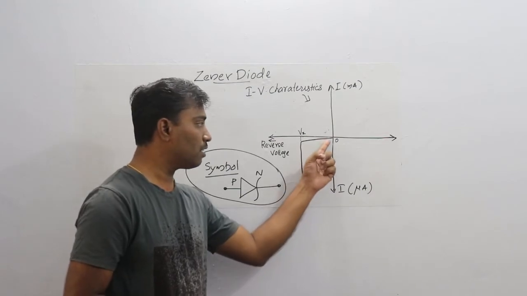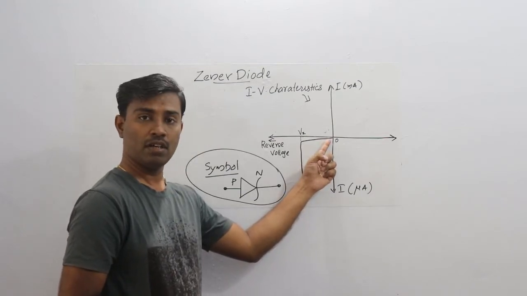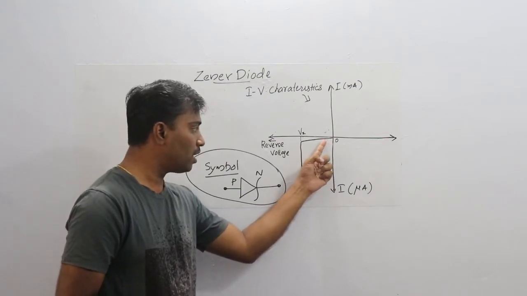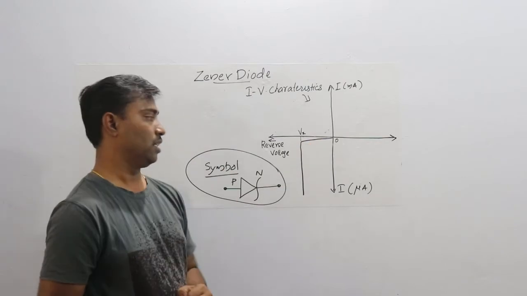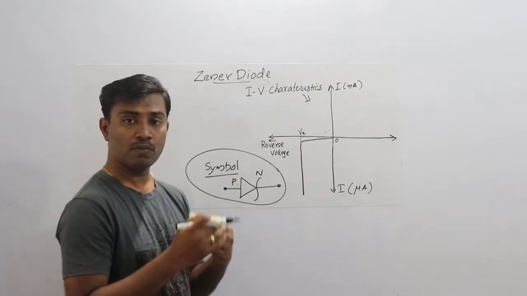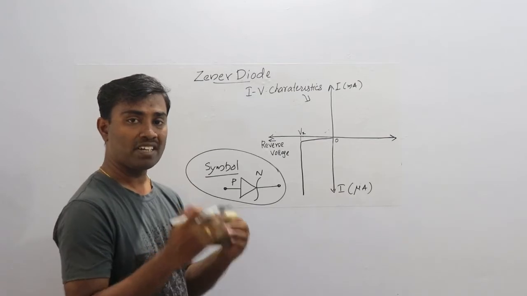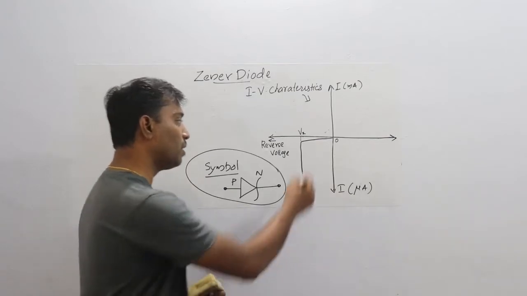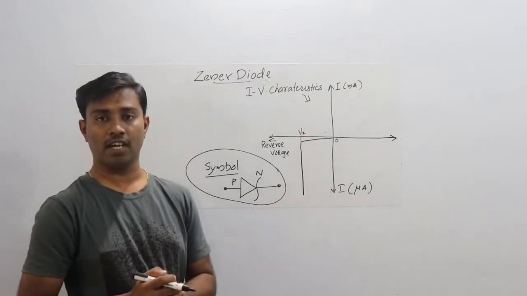Here we are increasing the reverse voltage of the Zener diode, and the current increases. When the reverse voltage reaches a particular voltage, there is a sharp increase of current.